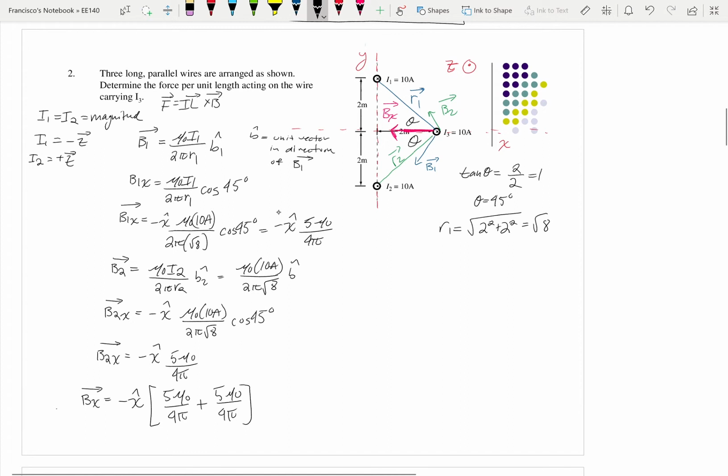Okay, therefore, Bx equals negative x hat times, let's write it over here. So Bx equals negative x hat times 5 mu naught over 2 pi.